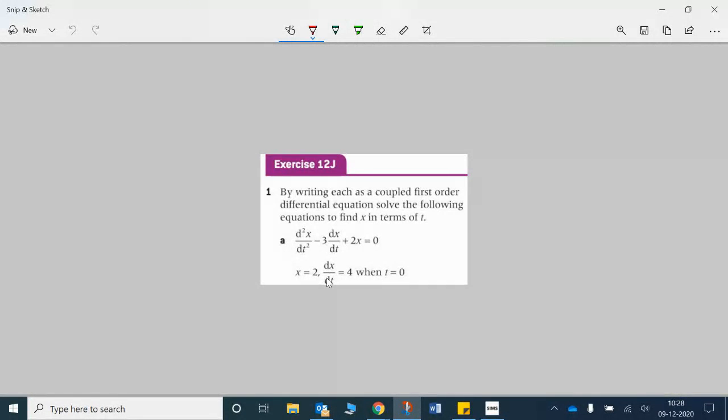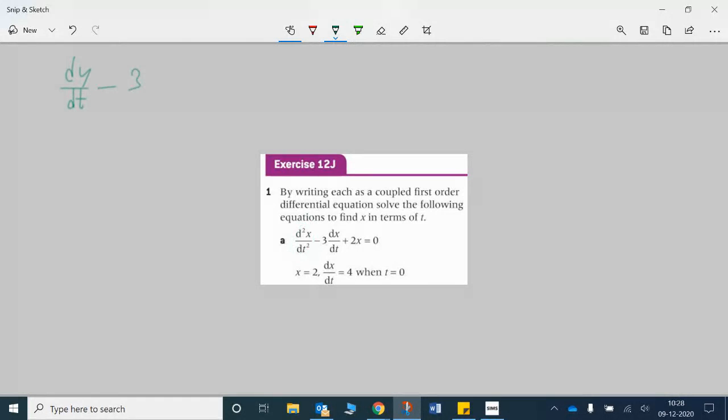Well, let's start off by saying that we can let dx/dt equal y. So we can rewrite this as dy/dt. This would be the second derivative, so in other words, just differentiate this again, and we'll get the second derivative. And if we call dx/dt y, then this is dy/dt.